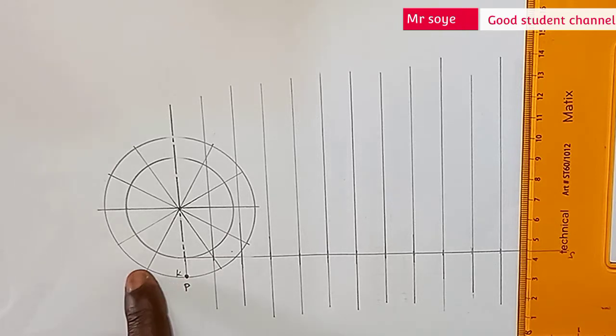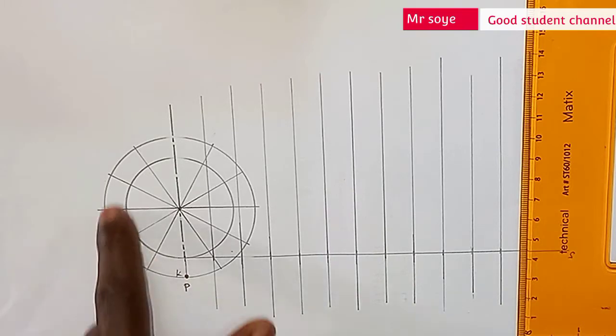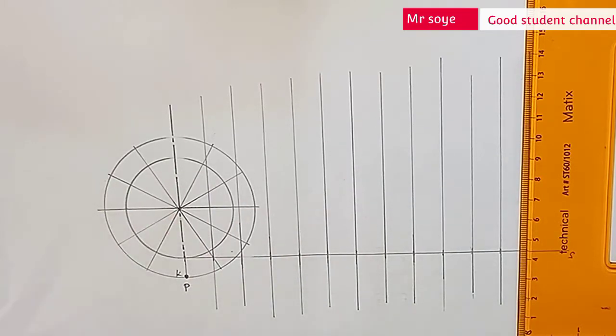This is the generating circle. This is the rolling cycle. So we're asked to now project lines from the axis of the generating cycle. So here we go.